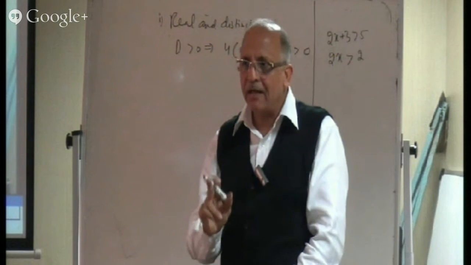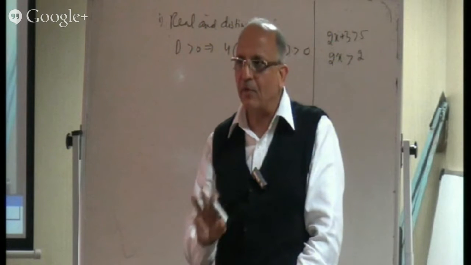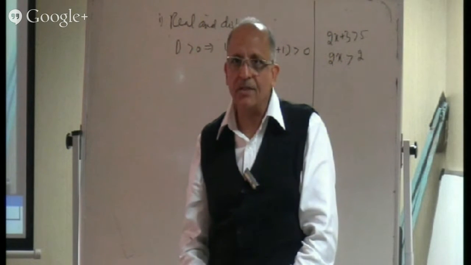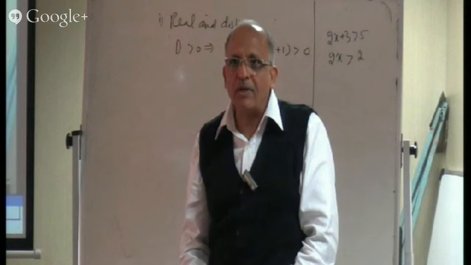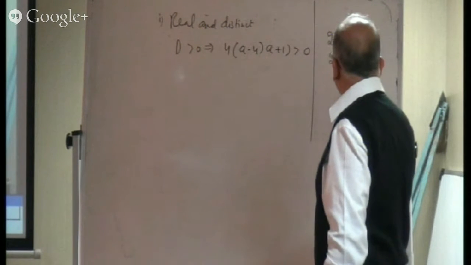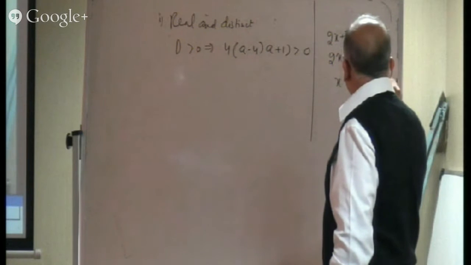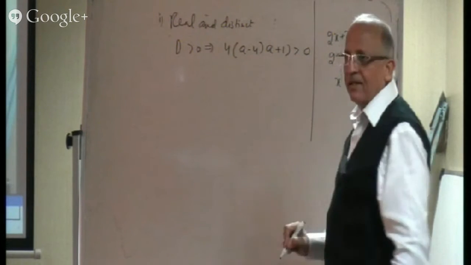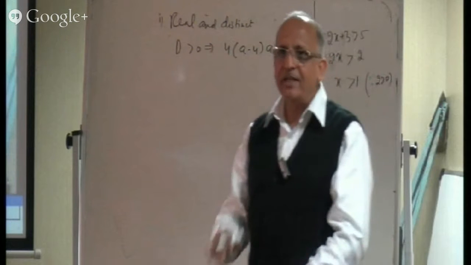If you add anything to both sides of an inequality, the inequality remains unchanged. But it is not true about division. So now when I divide, I get x greater than 1 because 2 is positive. If you divide by a negative number, the inequality changes.